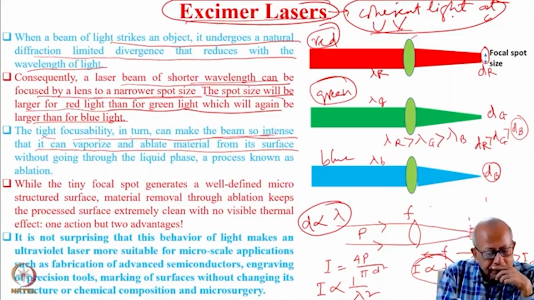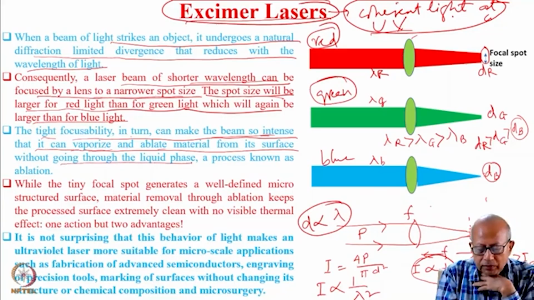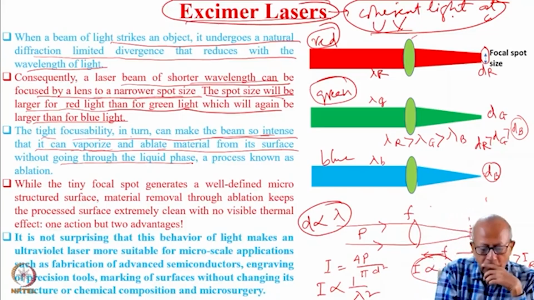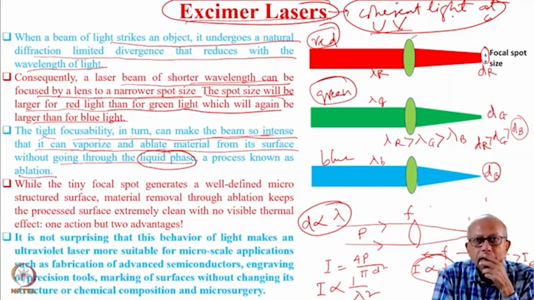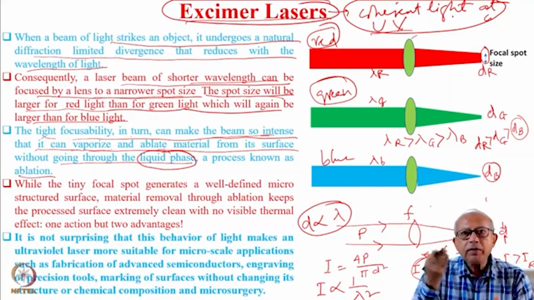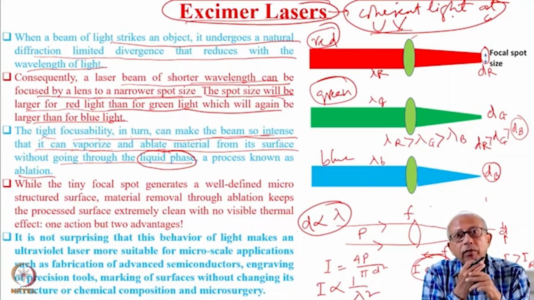It can be so intense that it can vaporize and ablate material from its surface, going directly from the solid phase to the vapor phase without going through the liquid phase. Such a process is called ablation. By ablation you can remove material from a surface, and for that you need extremely high intensity, which you can produce by reducing the wavelength of the laser.